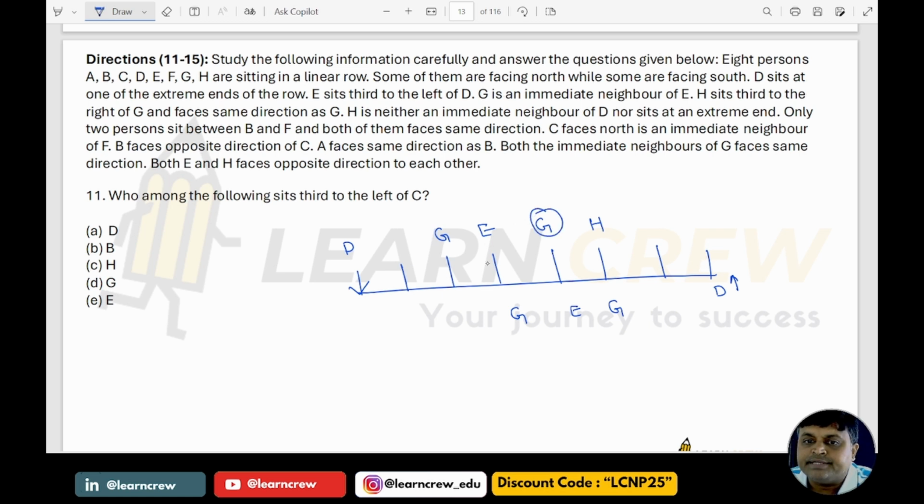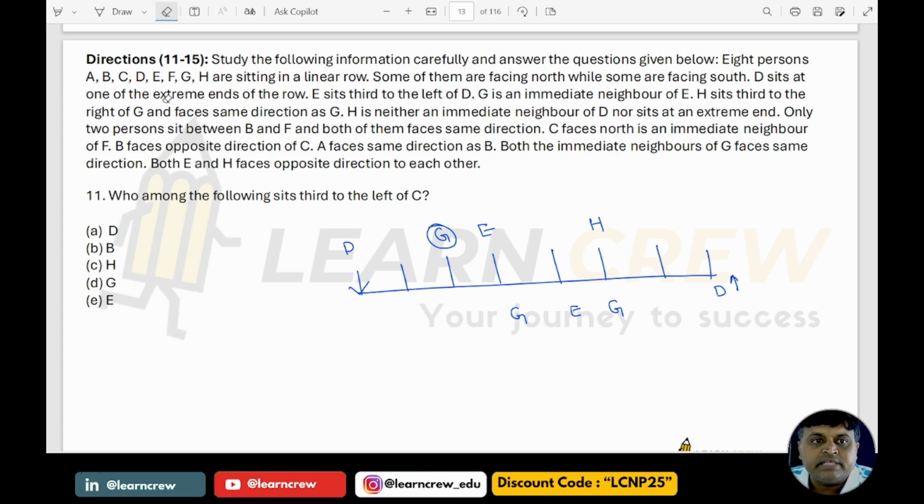Okay, it is a possibility, right? If G is here, then H has to be here. But it is given that H is not the extreme. So this is G, this H is not possible.